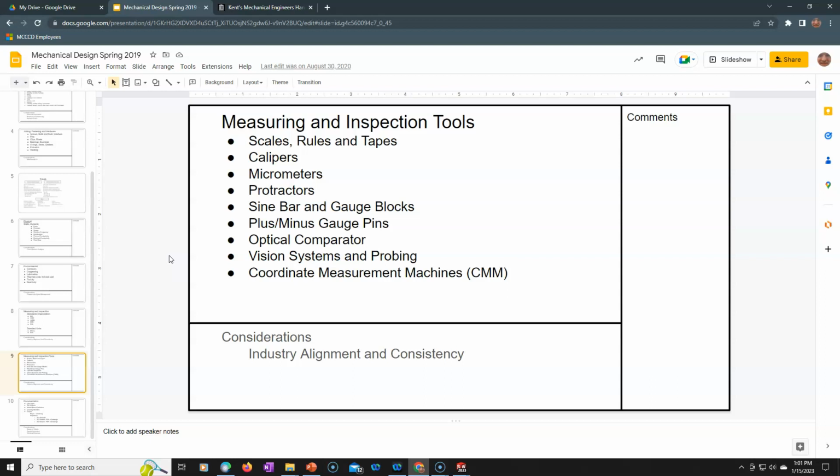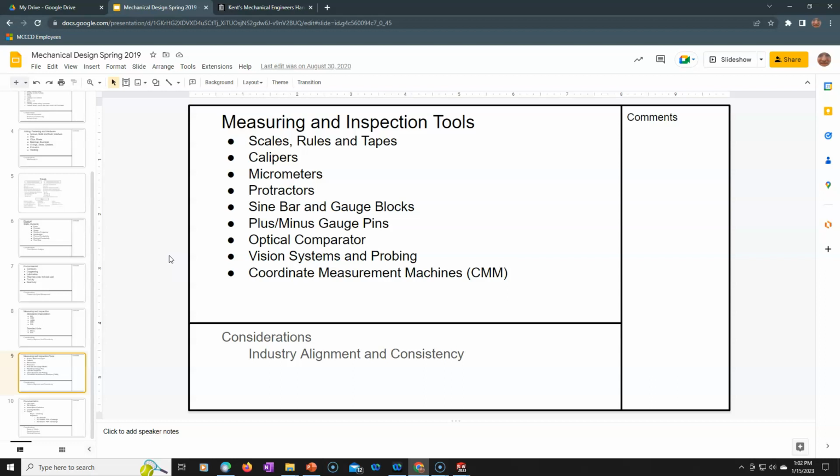If I said I had an inch scale, realistically a 32nd of an inch would be a reasonable measurement. Maybe you could get to a 64th, but really that 60 thousandths, a millimeter and a half, is doing pretty good with a scale, ruler, or tape.